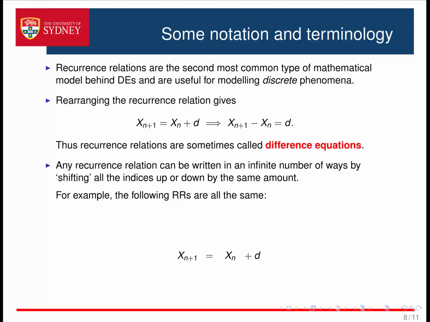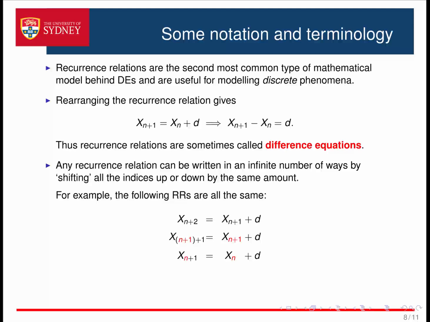Now, to see how these three equations are related, consider this recurrence relation and replace n by n plus 1 everywhere, so that x_{n+1} on the left-hand side becomes x_{n+1+1}, and x_n on the right-hand side becomes x_{n+1}.